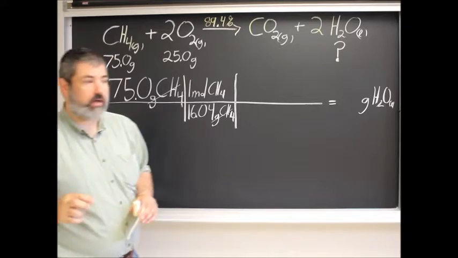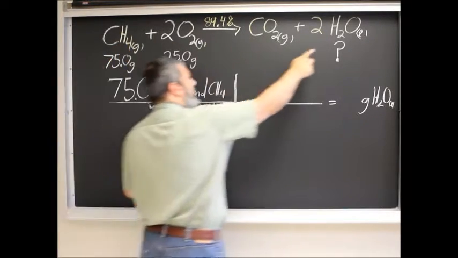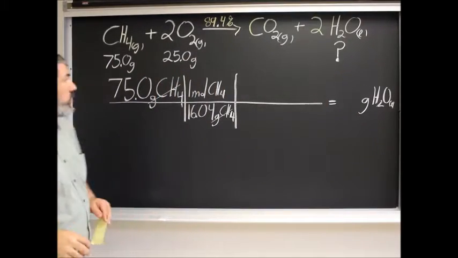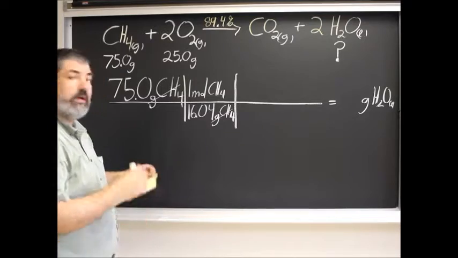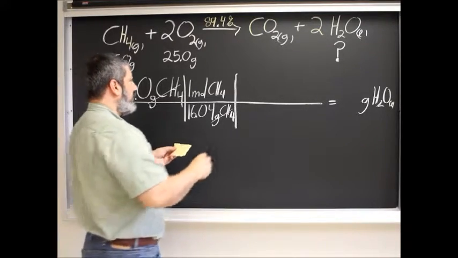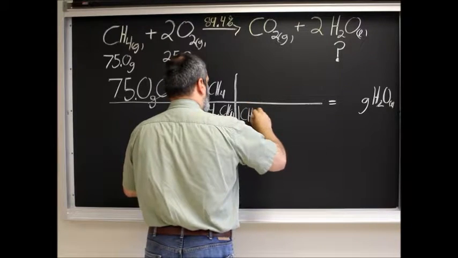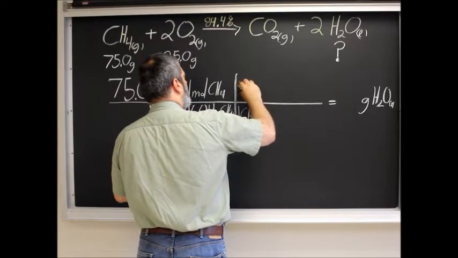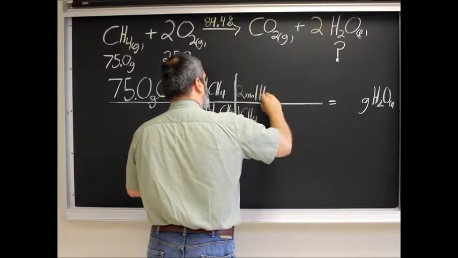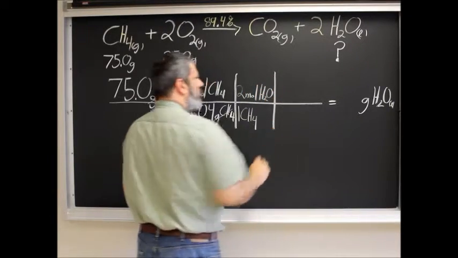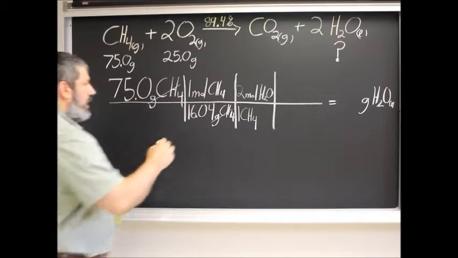Now I have moles of methane. We have a 1 to 2 molar ratio from our balanced chemical equation, and I already gave you the equation balanced before we started. 1 mole of methane is equivalent to 2 moles of water.